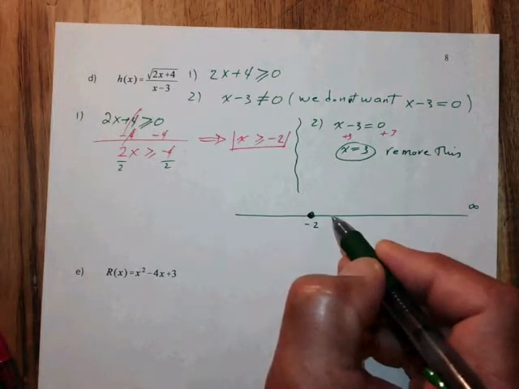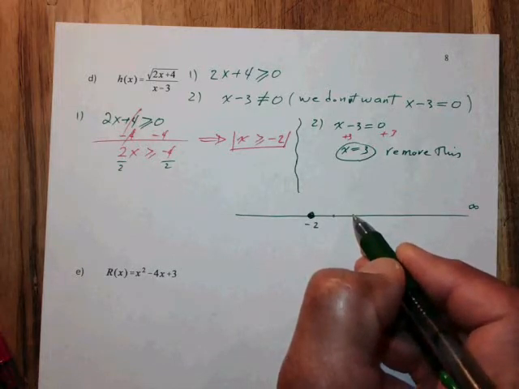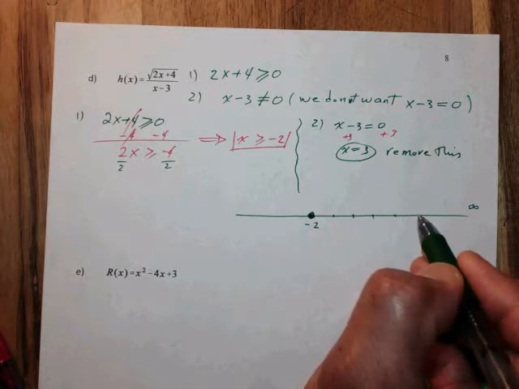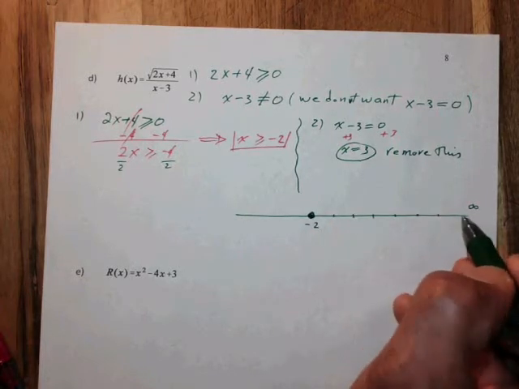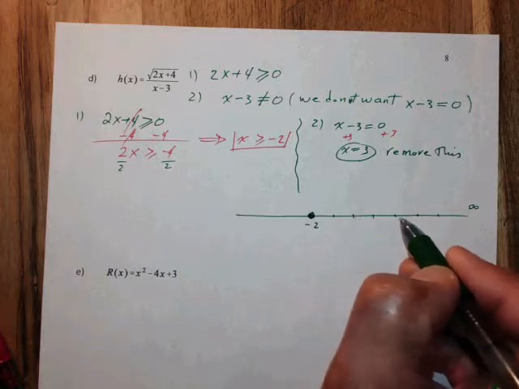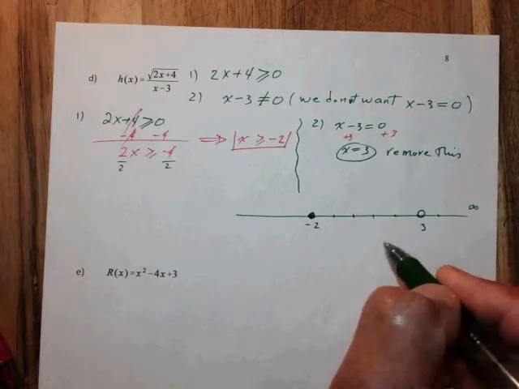So this is negative 2, negative 1, 0, 1, 2, 3, 4, 5. So as I go to the right, you see I encounter 3, and I have to remove that.